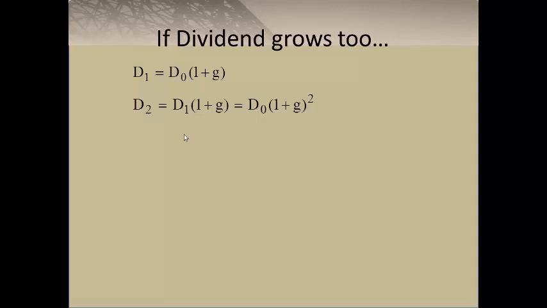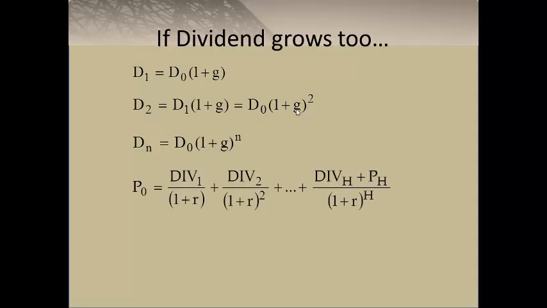If we substitute D1 by D0 times 1 plus g, we get D2 equals D0 times 1 plus g times 1 plus g, which is D0 times 1 plus g squared. So we can extrapolate this to the nth period, in which Dn will be D0 times 1 plus g to the n.